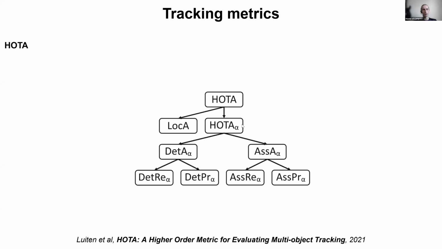So all these metrics, which we already reviewed, overemphasize the importance of either detection or association. HOTA, higher order tracking accuracy, covers detection, association, and localization quality at once, and can be decomposed into a set of submetrics which are able to evaluate each of these basic error types separately, right?